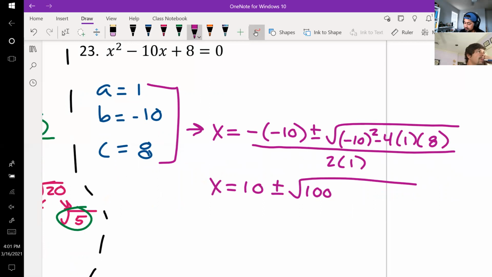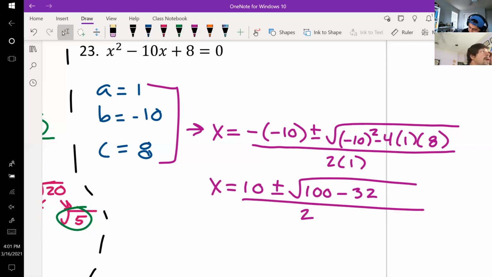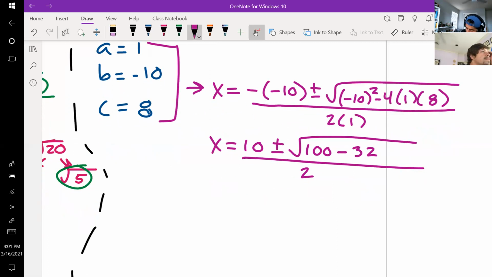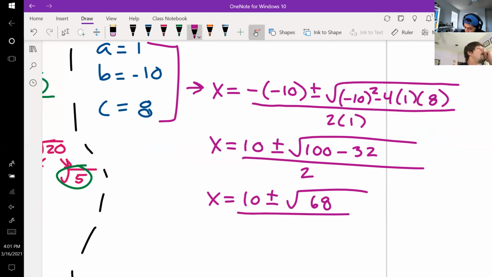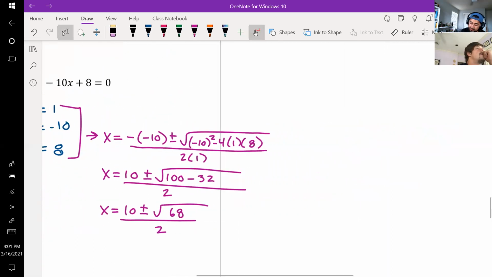And then -4 times 8 is -32, all over 2. Okay. Clean up again. And x equals 10 plus or minus the square root of 68 over 2. Okay. And now we have to break down the square root of 68.